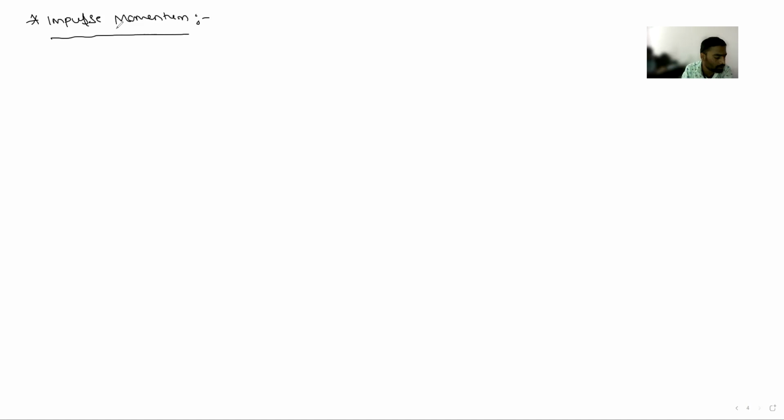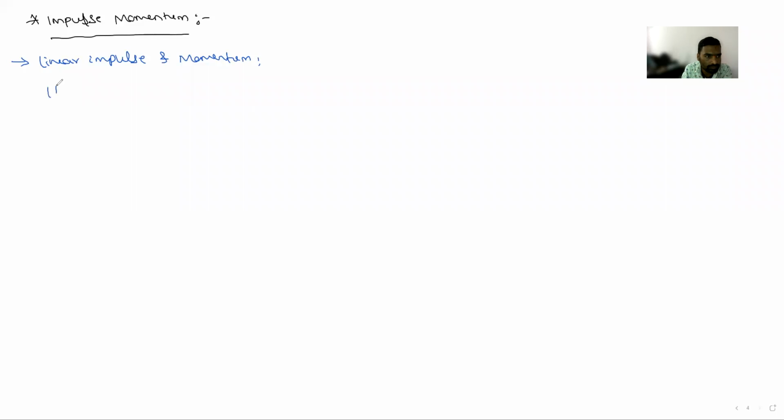So first write down linear impulse and momentum.